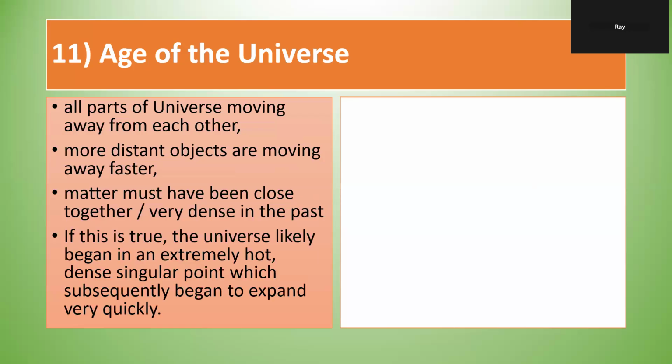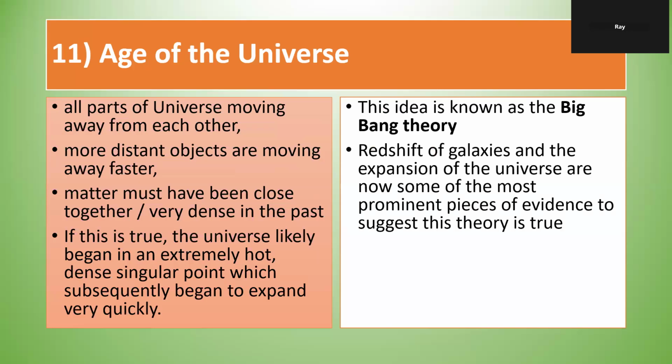If this is true, the universe likely began as an extremely hot, dense singular point, which subsequently began to expand very quickly. Right? It's hot, it's dense, so it expands very quickly. The idea is known as the Big Bang Theory.